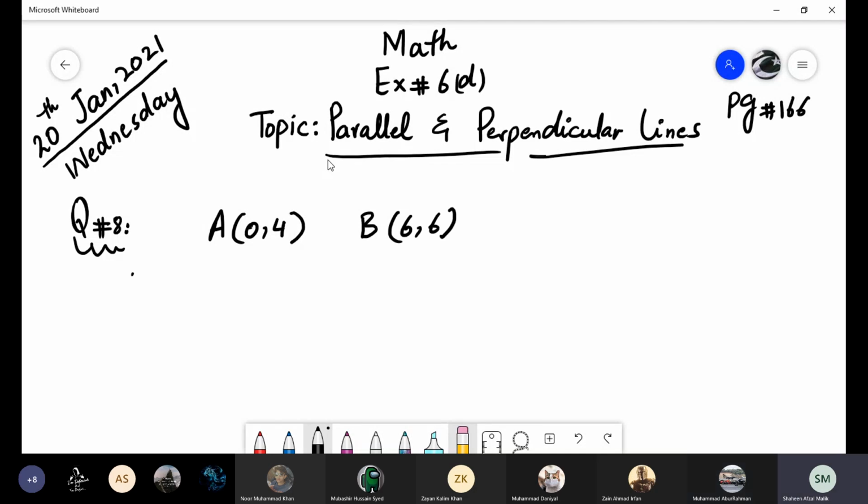The first part of the question is you have to find the point C on the x-axis.